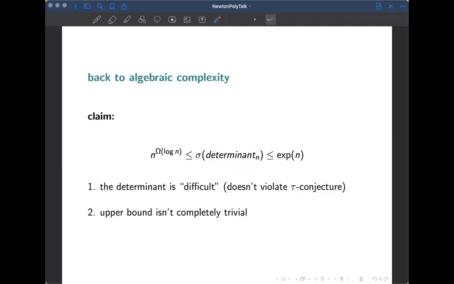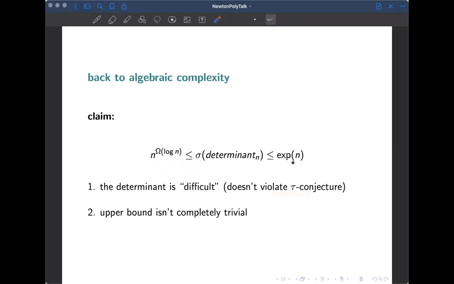Now, the interesting question is to understand what is the truth. Is it this, or is it this? I want to mention that although this upper bound is super polynomial, which we think of typically as being large, this lower bound does not violate the tau conjecture.